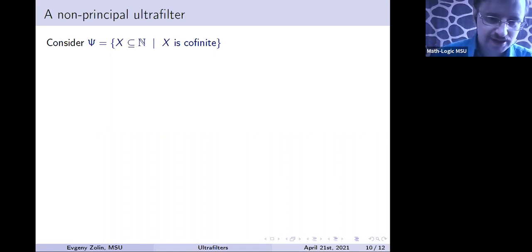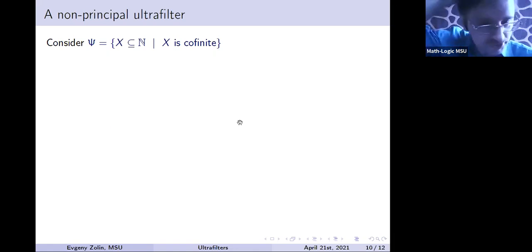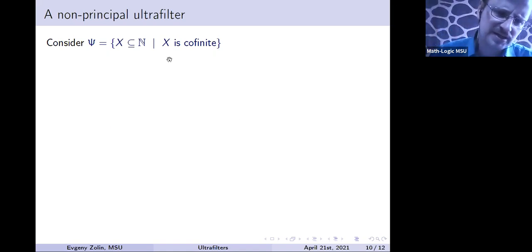And in these constructions, non-principal filters are very important. Let us recall what non-principal filters are, and we will only consider filters and ultrafilters over natural numbers. For our purposes, this is sufficient.